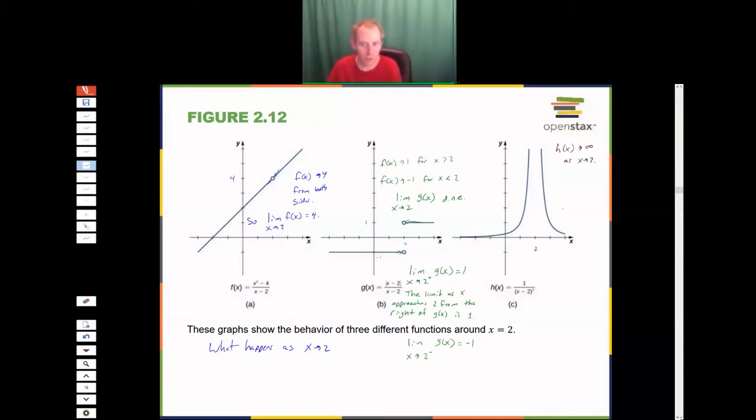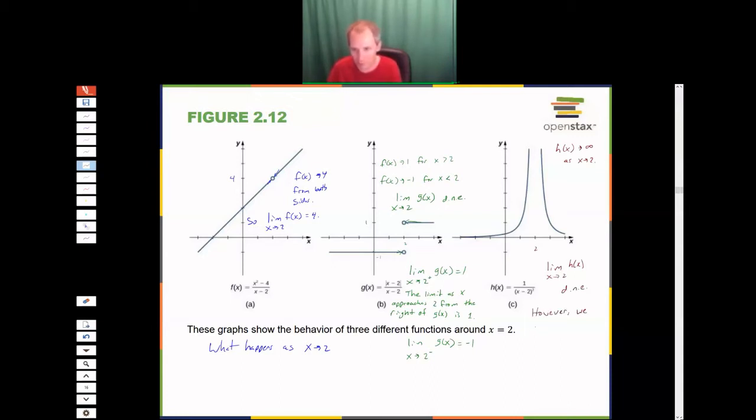All right, so infinity is not a number, right? The limit is a number and infinity is not, so the limit doesn't exist. So strictly speaking, we say that the limit as x approaches 2 of h of x does not exist.